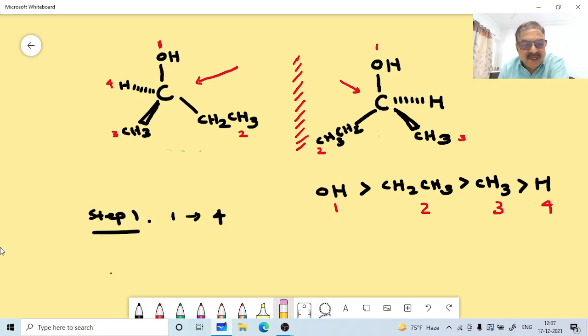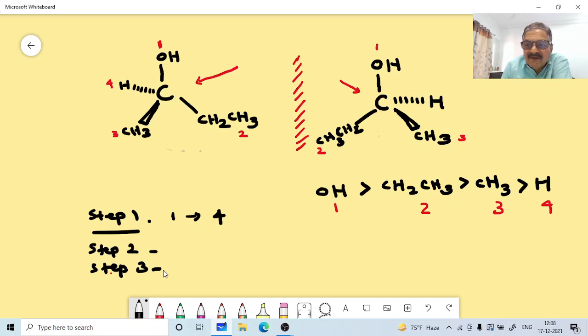So, in step 1, we assigned the priorities. In step 2, we oriented the molecule with the lowest priority group back, on a dash behind the plane. Then step 3 is tracing the circle: trace a circle from priority group 1 to 2 to 3.